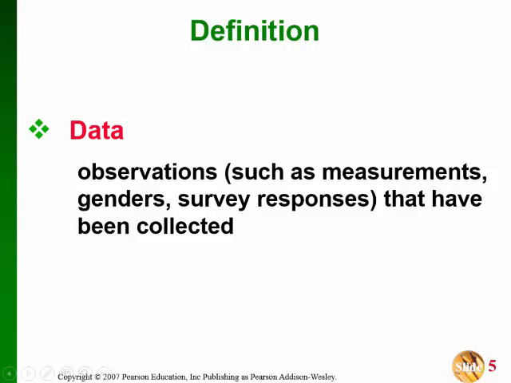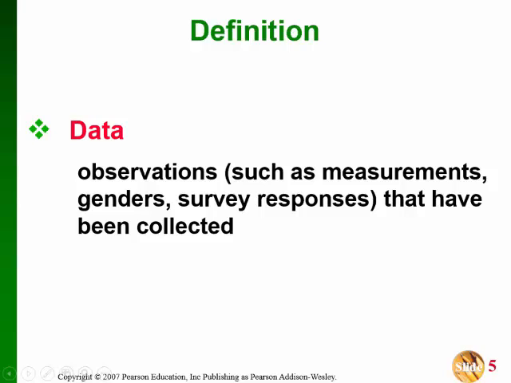So the first definition that they give here in this PowerPoint presentation is the data. Data is kind of hard to describe, and I don't know if this definition does justice to this, but we'll make do. In this particular case, they say that data is an observation that has been collected, or a set of observations that have been collected.